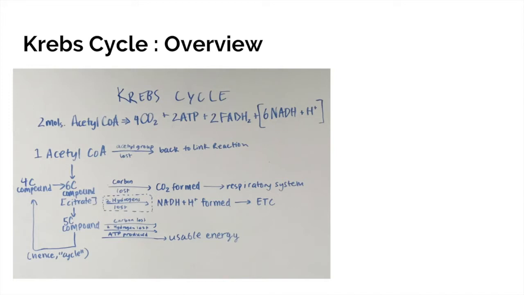Then all of these processes happen twice. So you end up with 2 molecules of NADH, you end up with 4 molecules of CO2, and 2 molecules of FADH2, and 2 molecules of ATP when you're moving from the 5-carbon compound to the 4-carbon compound.